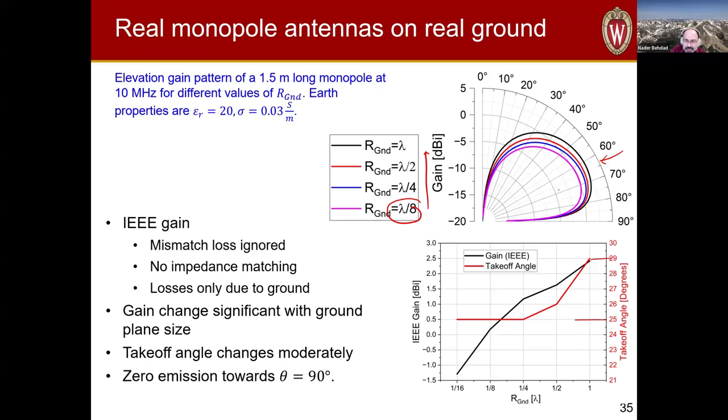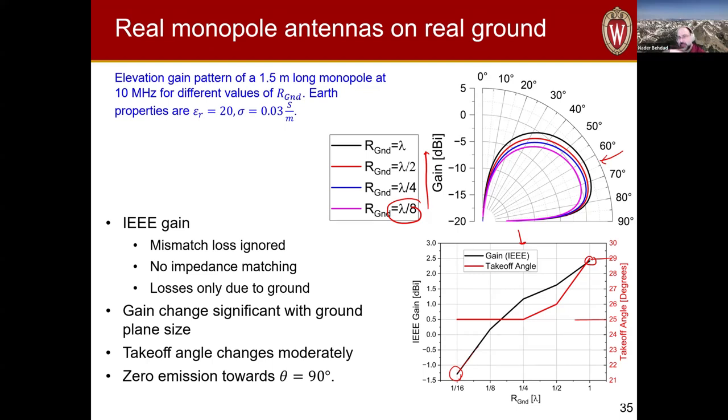But the most important thing is that the gain of my antenna improves as I go from a small ground plane of, let's say, lambda over 16, to a larger ground plane with a radius of about 1 lambda. And notice that in these gain numbers that I'm reporting here, the only source of loss we are considering is the loss of Earth.